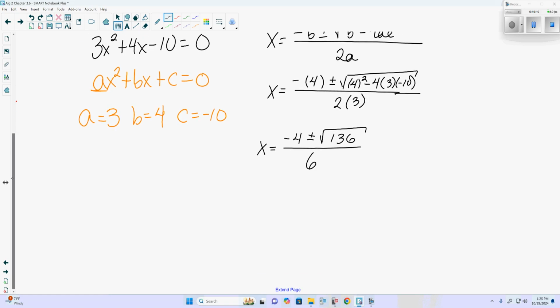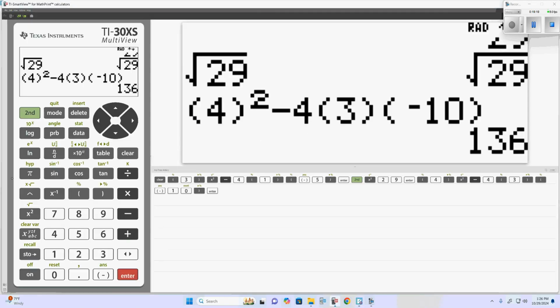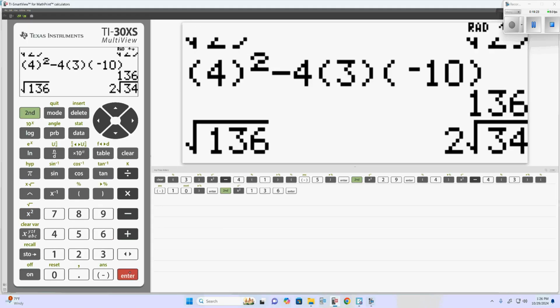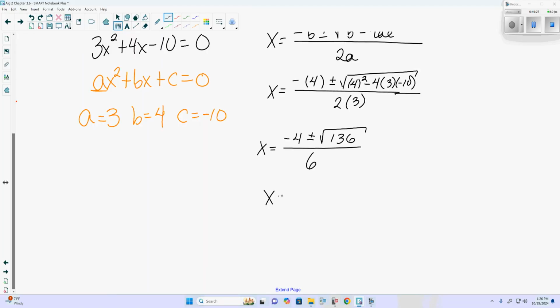Questions on this so far? Now at this point, we need to see if we can take the square root of 136. And the square root of 136 is 2 square root of 34. So this does reduce, it does simplify.